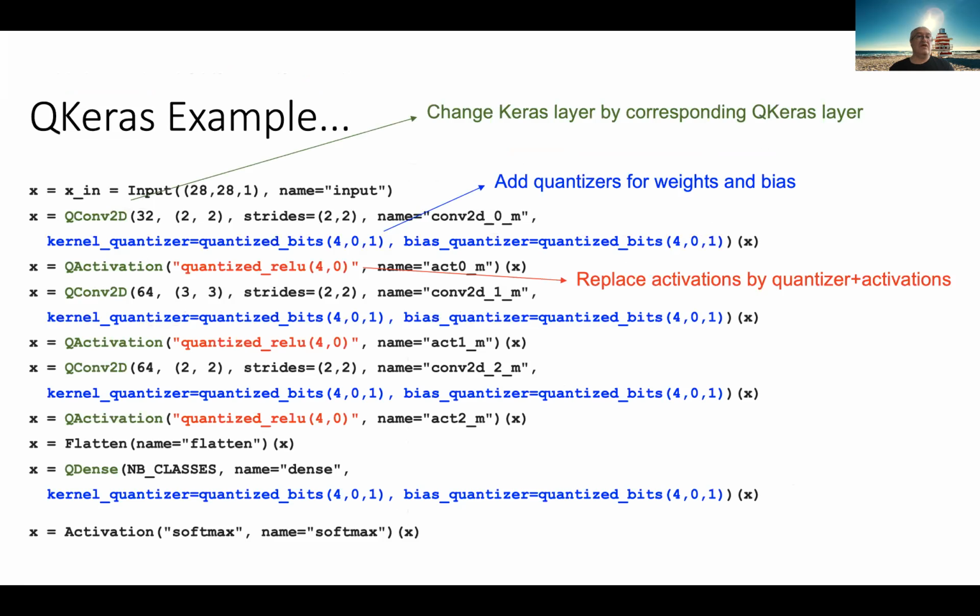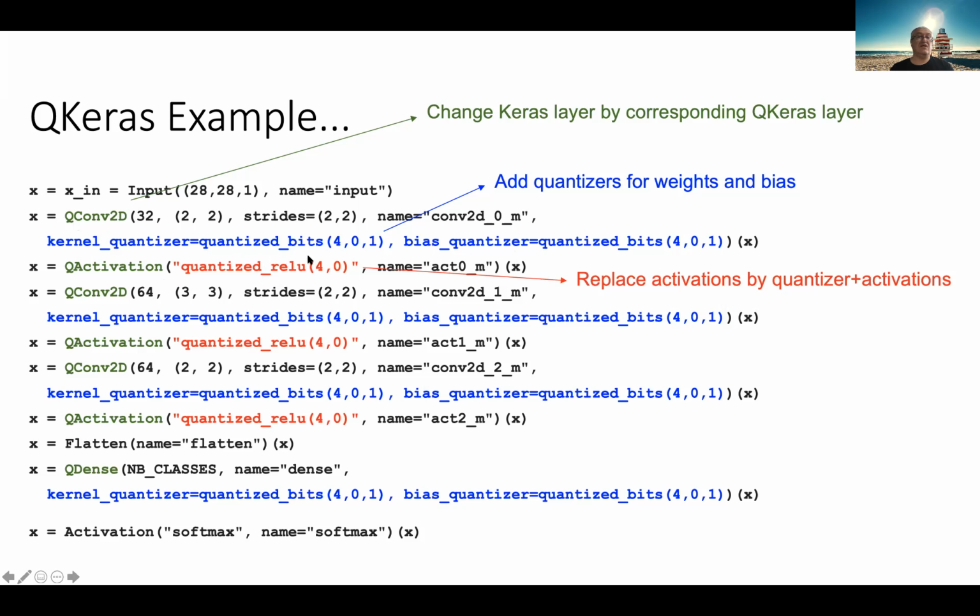When you go to QKeras, it is about tagging weights, tagging activations, so that when we perform the operations in Keras, in TensorFlow, the operations know what the dynamic ranges of the values are. For example, if I have convolution 2D, now I use a quantized convolution 2D, and then I just tag the kernel and I tag the bias.